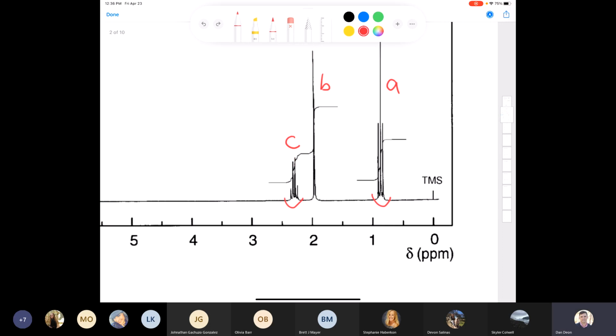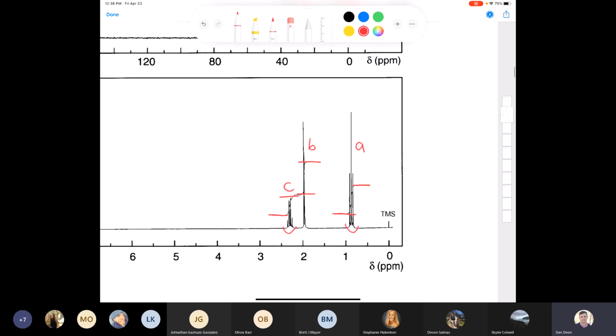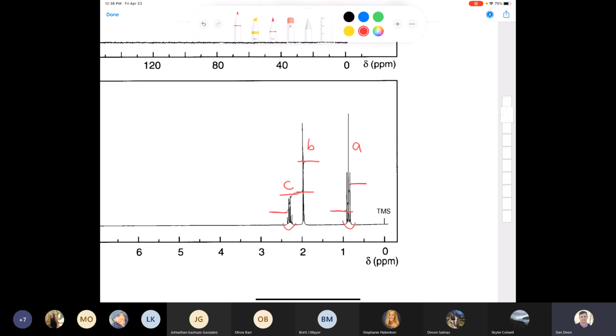And you can see that the integration here for this singlet, which is signal B, is the same height as A. And then I have this other one over here for C. Now, I've gone ahead and measured these already, and you can take a ruler and do that. And the relative heights here are 3, 2, and 3. So that tells me that this signal must represent a methyl group. This one must represent a methyl group, and this one here must represent my methylene.